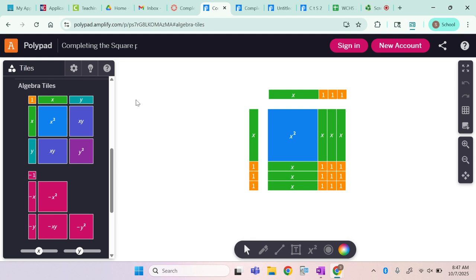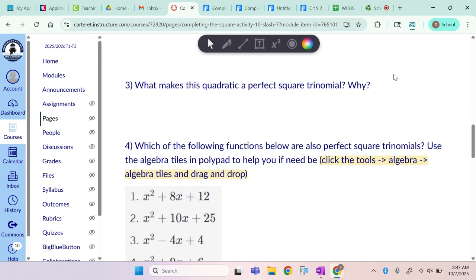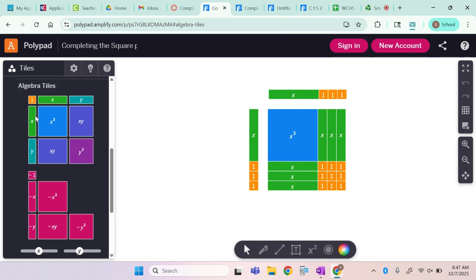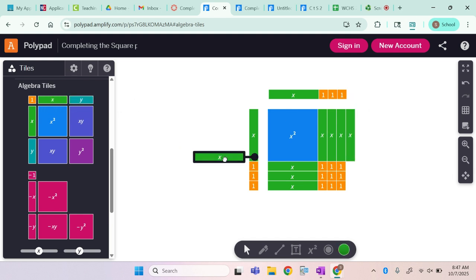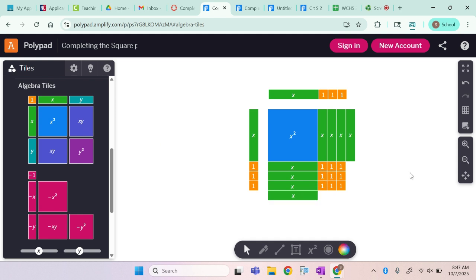So I'm going to add on. So I need 8x, so I'm going to add on 2 more x's to this. So I'm going to add on 1 more x on this side and 1 more x to this side because I want it to be symmetrical. All right.